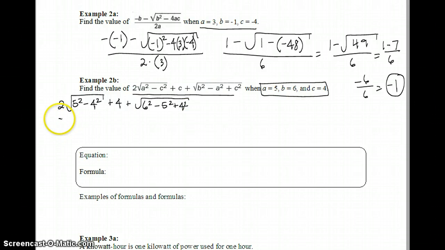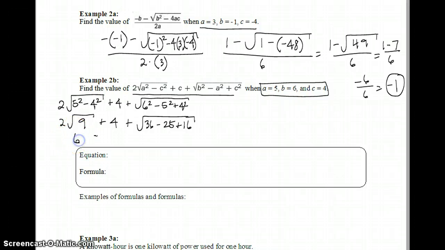We'll simplify that some more. 2 times 5 squared is 25 minus 4 squared is 16, so that's 9, plus 4, plus 6 squared is 36 minus 25 plus 16. 2 times the square root of 9, the square root of 9 is 3, so 2 times 3 is 6, plus 4, plus 36 minus 25 plus 16 is square root of 27, because 36 minus 25 is 11, plus 16 is 27.